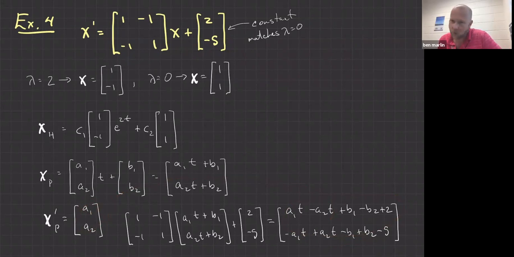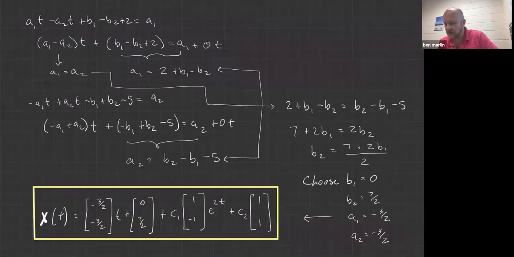this requires more room. We go to yet another page. So what I did here was to just copy those down, and I copied them down into different spots. Okay, so copying the first one down, if you go ahead and put the things with t's together, you can see that on the left-hand side, you have a1 minus a2 quantity times t.